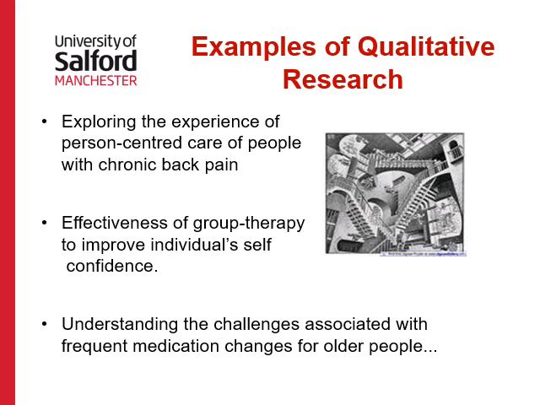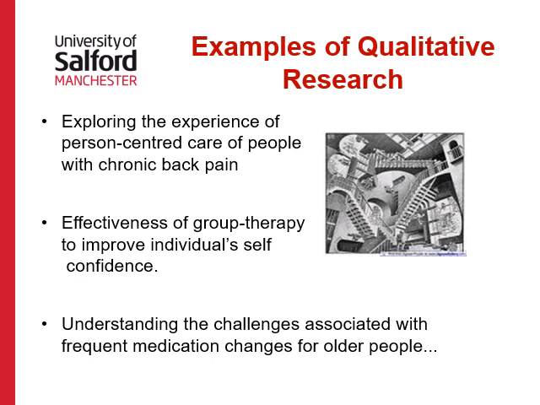The next example is to look at the effectiveness of group therapy to improve individual self-confidence. Now, we spoke about the quantitative approach in which we'd have to use a questionnaire to quantify individual self-confidence. Instead, with the qualitative approach, we would use a focus group or an interview or some way of trying to understand an individual's perspective on this particular group therapy.